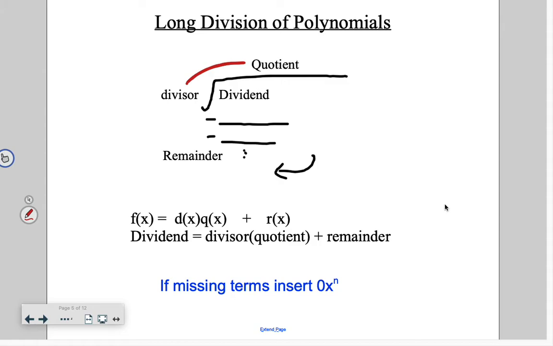So let's say I was missing the quadratic term, the x squared. I'd have to plug in plus 0x squared in the dividend. I've got at least one or two examples where that happens, so you can see what I'm talking about. Are we ready? Here we go.